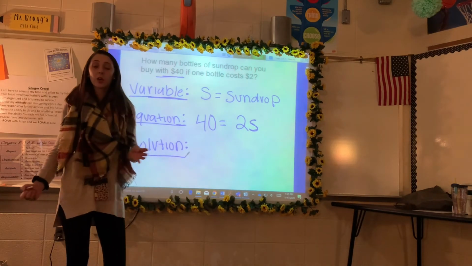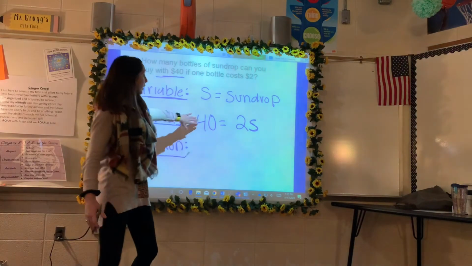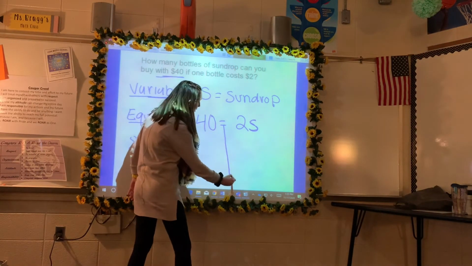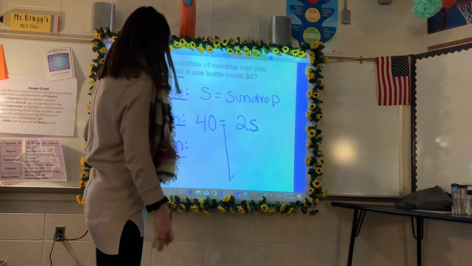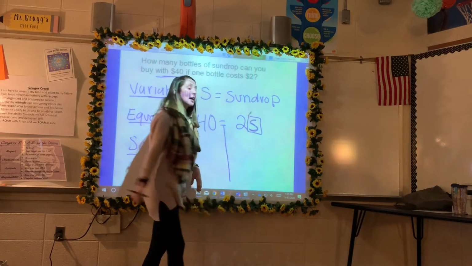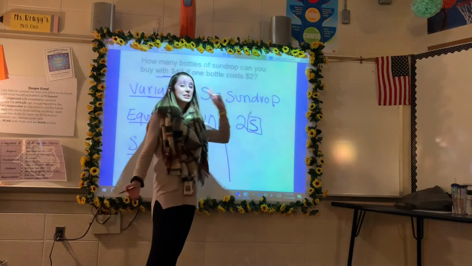We came up with our equation. Now we want our solution, which is a fancy word for answer. So we're going to solve this one-step equation. So first, we draw a line down from our equal sign. That keeps our left and our right separate from each other. We want to isolate this variable, and we isolate the variable by doing the inverse operation. So we have a number and a letter side by side.